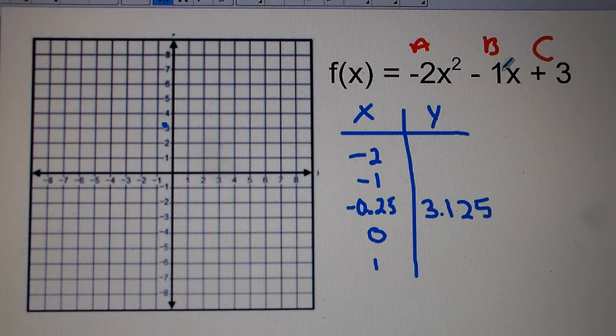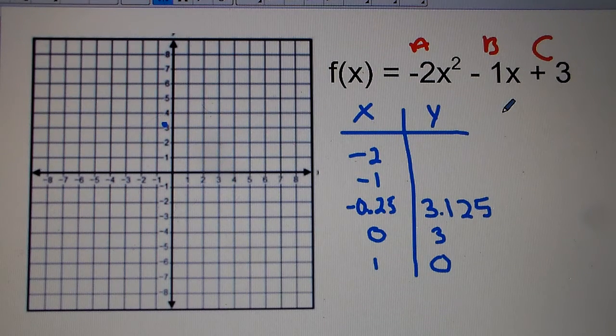We plug in 0 into our equation and we're going to get 3. And then when we plug in 1, we're going to get negative 2 minus 1 gets you negative 3, and negative 3 plus 3 is 0. Next closest one. Since they have some decimals, it's a good idea just to put it in just to double check.